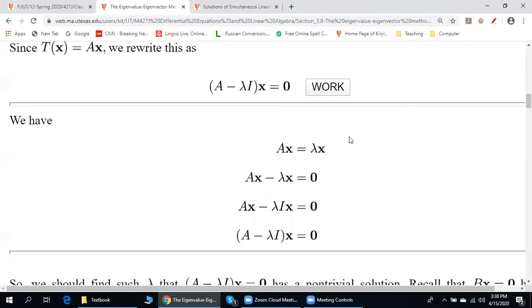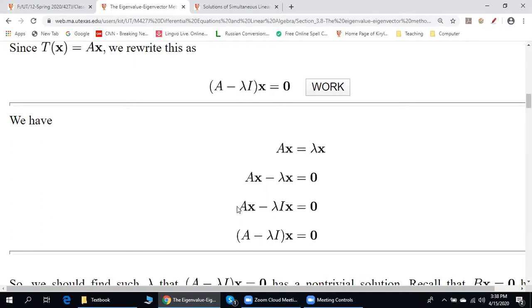However, it is easy to fix this problem, because note that x can be rewritten as Ix, where I is the identity matrix. Remember, multiplication by the identity matrix does not change anything.